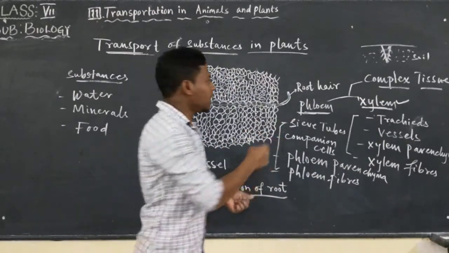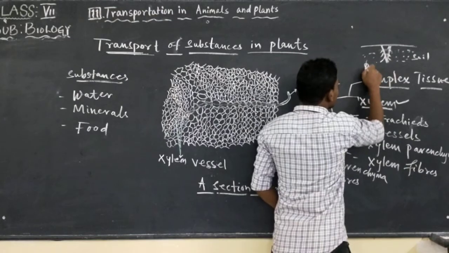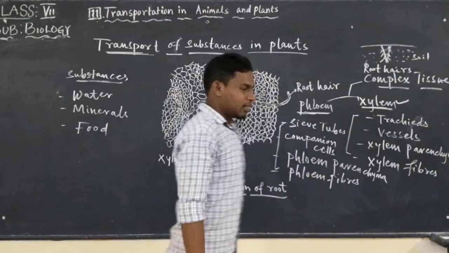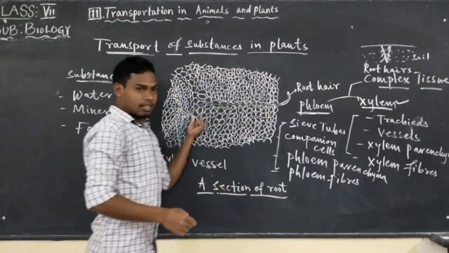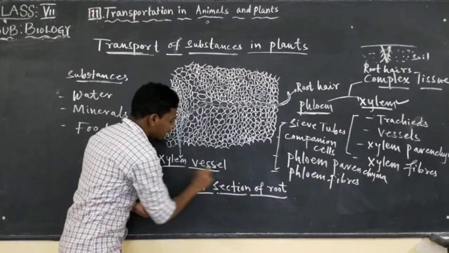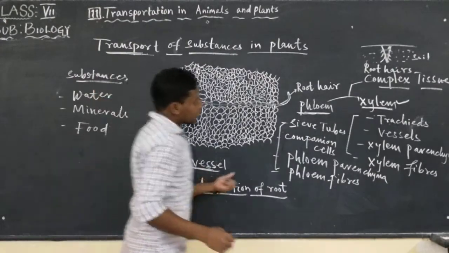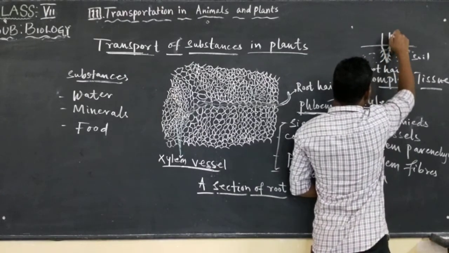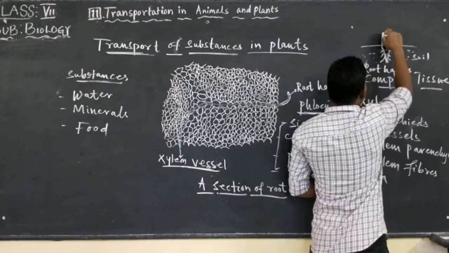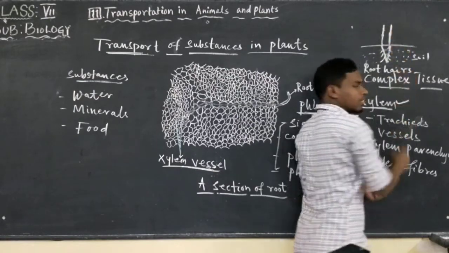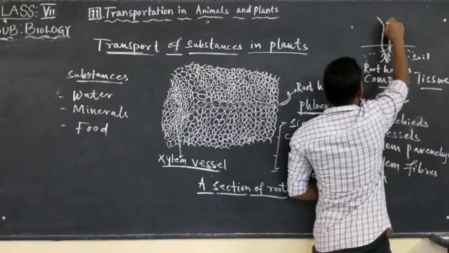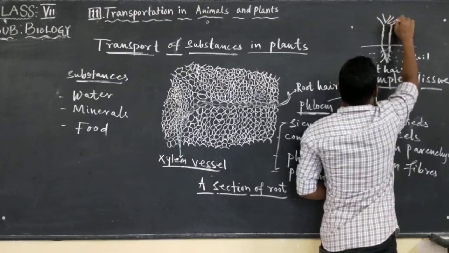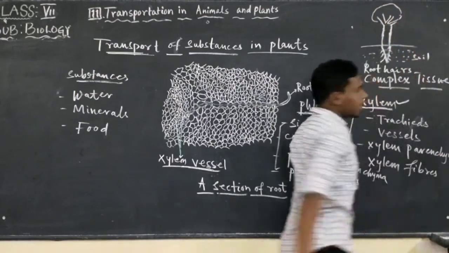This water is absorbed by the root hairs. Now these root hairs send the water into the xylem, the conducting tissue. Xylem is continuous with the stem and even branches, and finally the water is carried to the leaves.